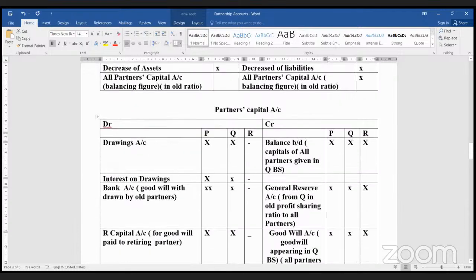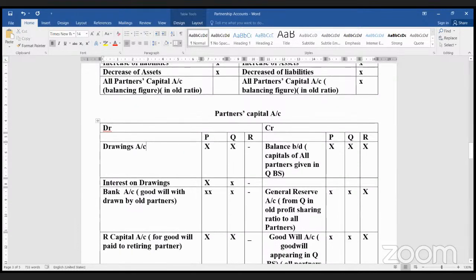Next, drawings. Drawings again, all the partners, whoever is drawing. How do you calculate the interest on drawings?